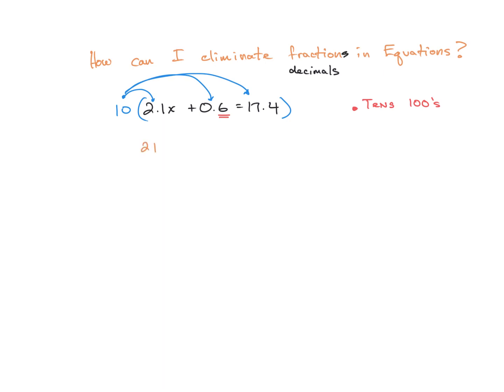Let's continue on. 21x plus 6 equals 174. That's basically what multiplying each of these by 10 will do. We can subtract 6 from each side. 21x is equal to 168. I kind of like this.